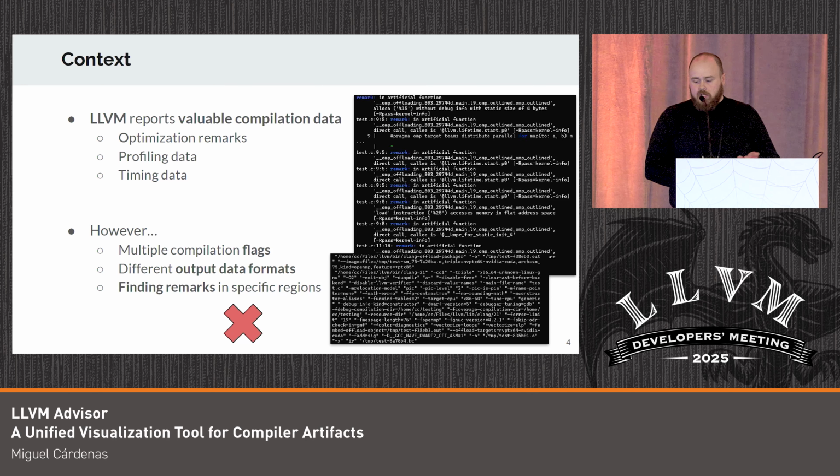The output data formats are also different, and it becomes quite difficult to find, for instance, remarks in a specific region of our code, for instance, when we are trying to tune the performance on some specific regions.